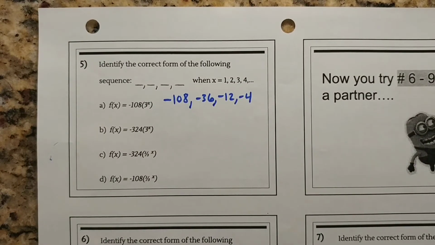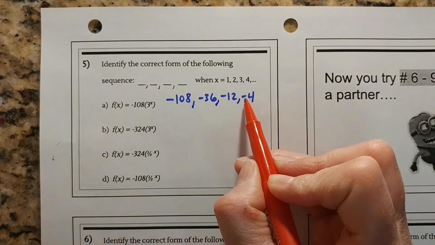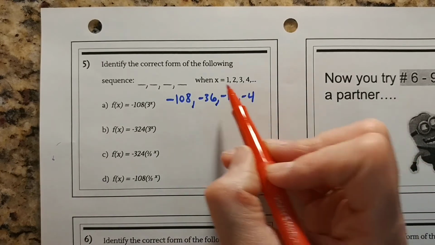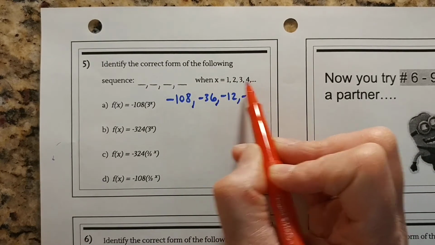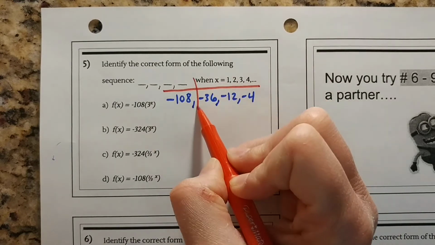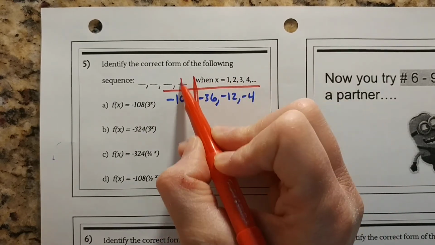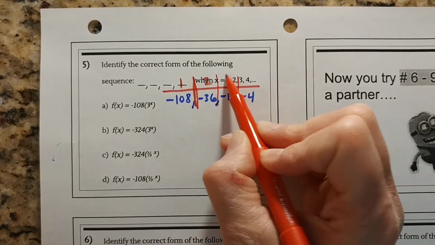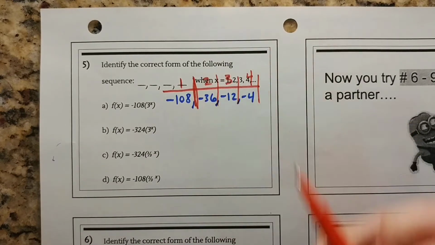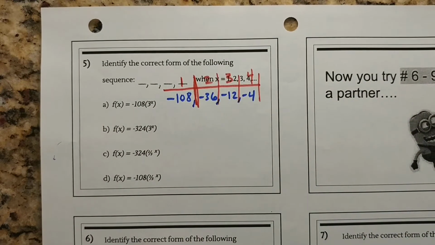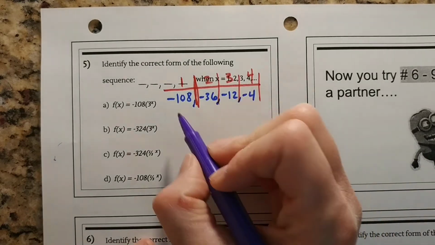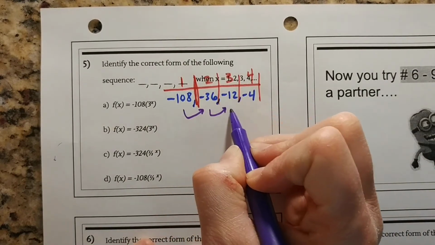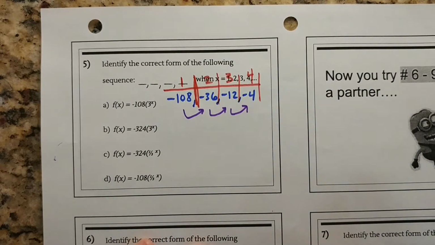All right, number 5. Here's the sequence. It looks like they tell us x is 1, 2, 3, and 4. So this sequence was made by plugging in 1 for x, 2, 3, and 4. Well, let's figure out the pattern. Looks like the numbers are getting bigger or closer to 0.